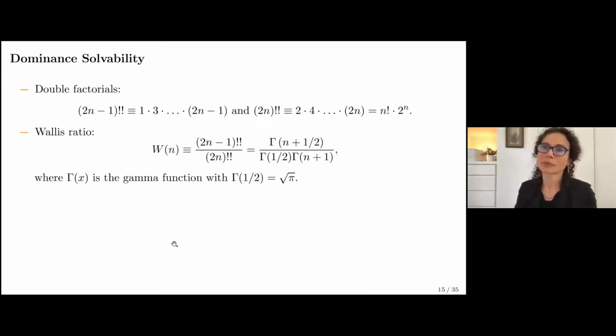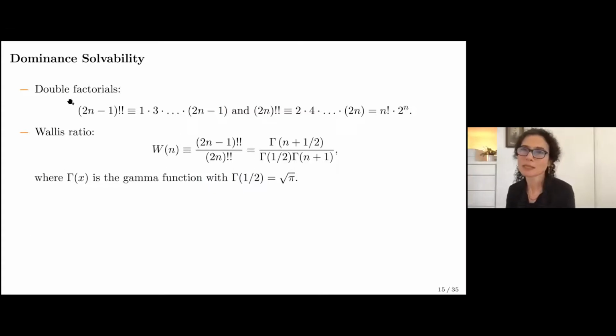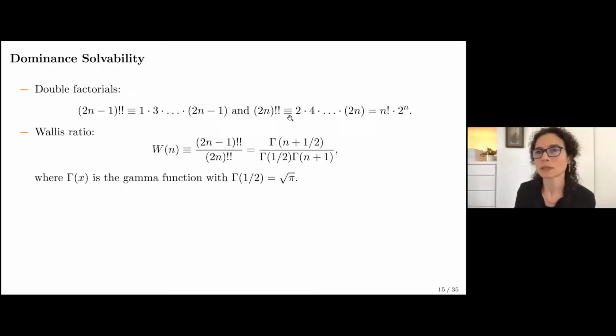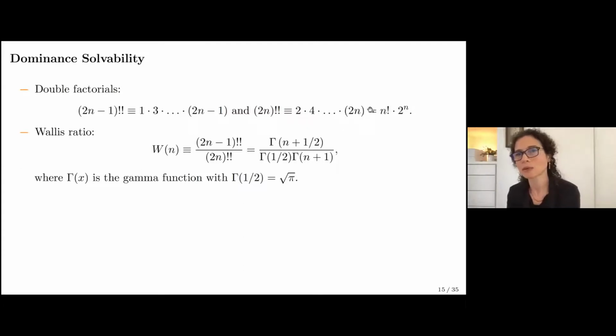For example, 2n minus 1 is an odd number, so we just multiply all of the odd numbers up to 2n minus 1. And 2n double factorial is just the multiplication of all the even numbers up to 2n. The Wallace ratio is the ratio of two double factorials. As it turns out, it can also be described as the ratio of gamma functions, where, just to remind you, gamma of 1/2 is the square root of pi.